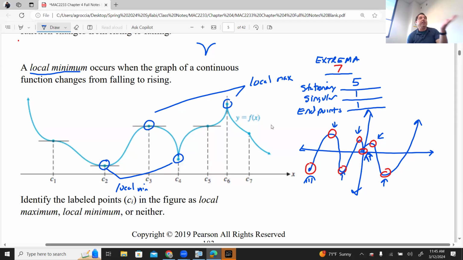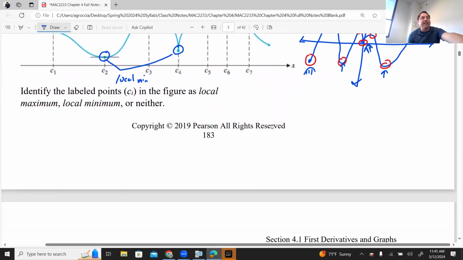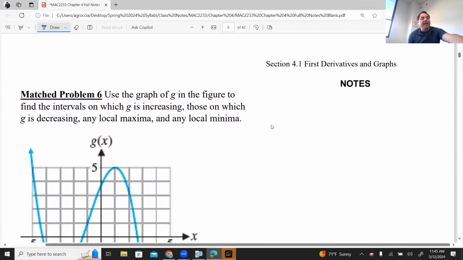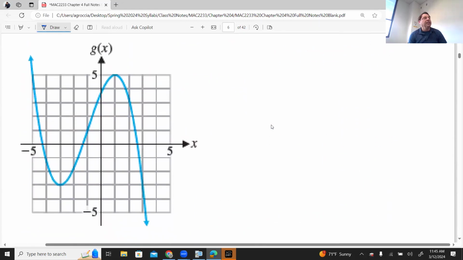You know how many stationary, singular, and endpoints just by looking at it. My method, the textbook's a little different, is to get the graph. If you can get the graph, the answers are staring at you. There are other ways, but we're just learning what extrema are. So let's step back a little and let me show you some examples. If this was the graph, how many extrema do you see?